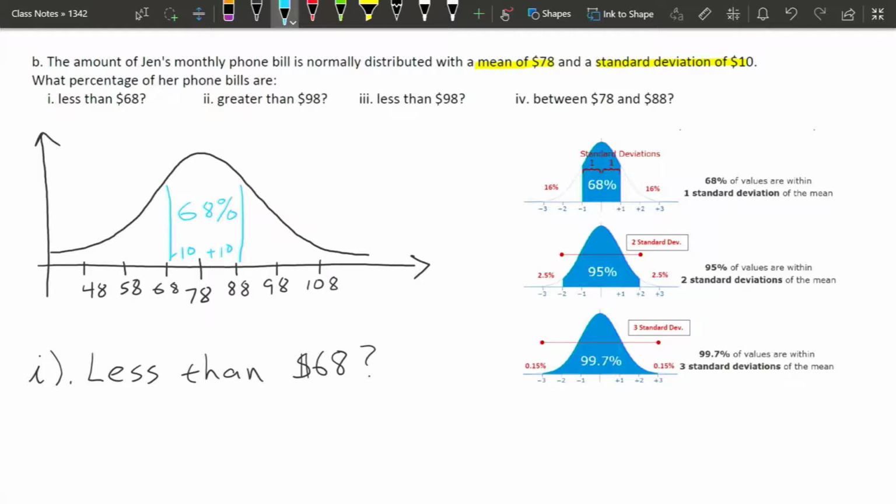With 1 standard deviation of the mean, 68 in the middle, but then that leaves 16% outside on either the left or right side of the 68%. So for the question of less than, less than is here on the left side. And so we can say that less than $68 would be 16%.